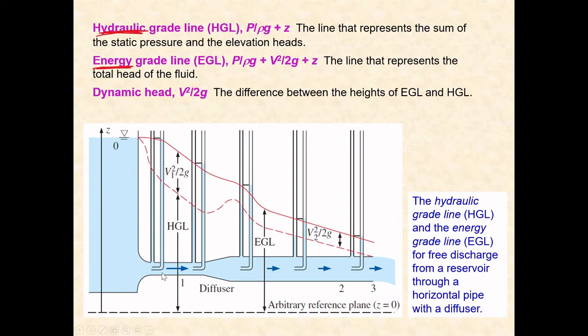As a result of having this unit, we can estimate the velocity head and separate it from the energy grade line. The energy grade line is at the top here. You can see the solid line is the energy grade line, and the dashed line below is the hydraulic grade line. The hydraulic grade line only has two forms of head, the pressure head and elevation head, and the energy grade line includes another one, the dynamic head or velocity head.